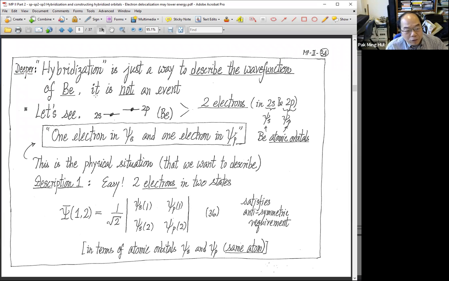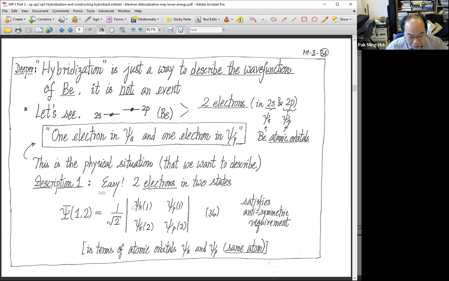Again, I will only focus on the beryllium because we start off here and then we do linear combination to form the SP left, number 1 and number 2. I would like to write down the 2 electron wave function in these 2 seemingly different cases. Let's start. So if I have 2 electrons, one in 2s, one in 2p, but I don't know which one is which, what can I do?